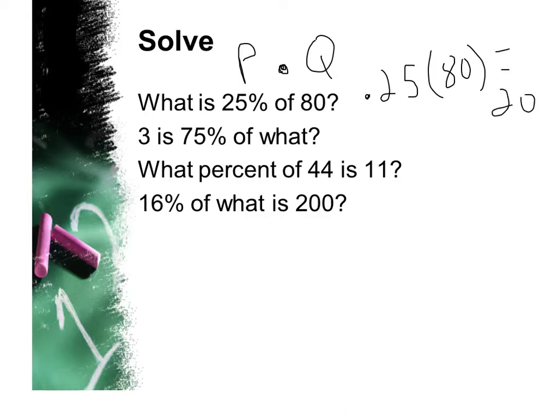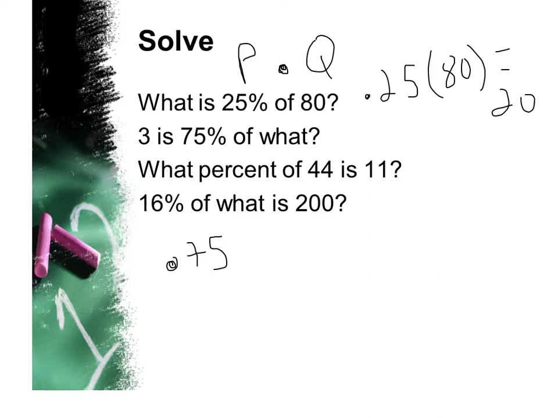The next one: 3 is 75% of what? 75% is the P, so there's the 0.75.